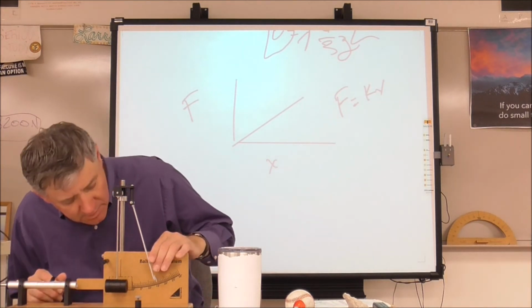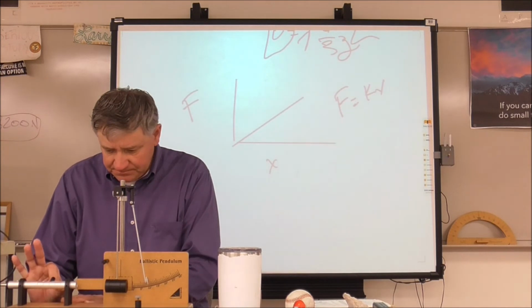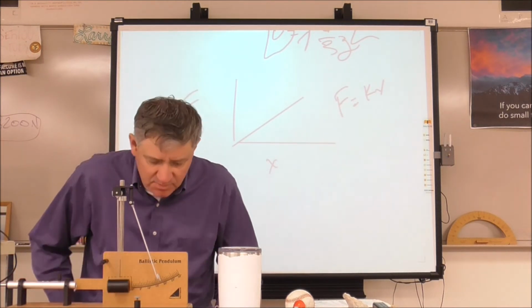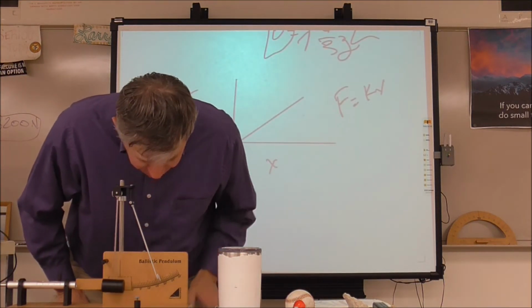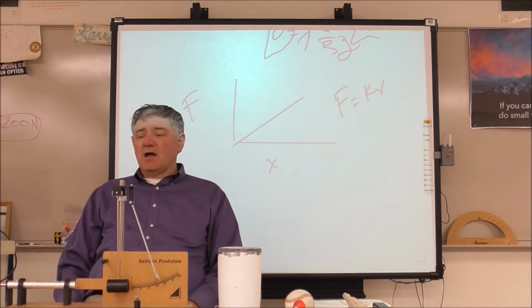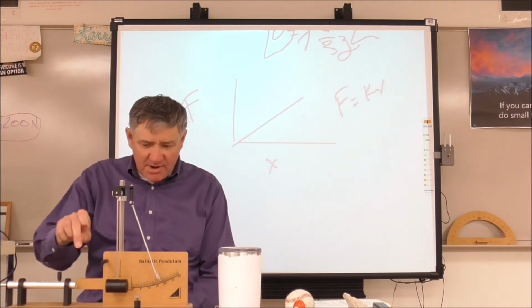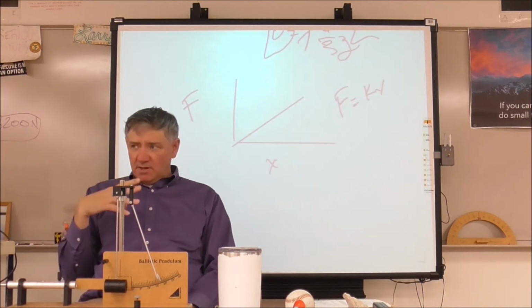So, we'll do this, I'm going to set this kind of up here, okay? And it swung up to an angle of about 17 degrees. So, here's what I want to do. I want to work backwards, and I want to figure out the velocity of that marble when it got launched.